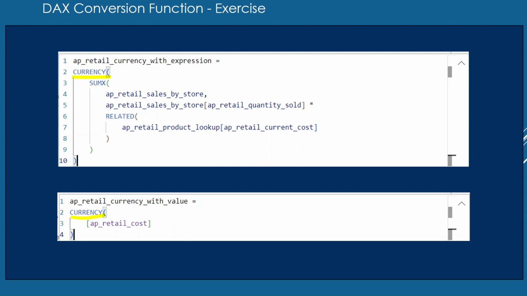But the signature of the currency function is how? This is the signature, currency, and the input parameter is value. If the value is there, then only the currency function will add a currency symbol in front of the value.